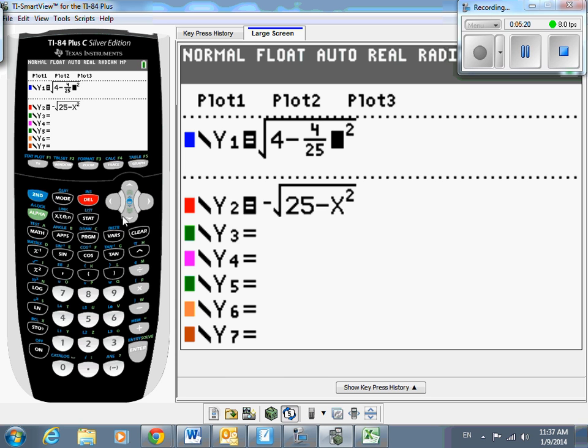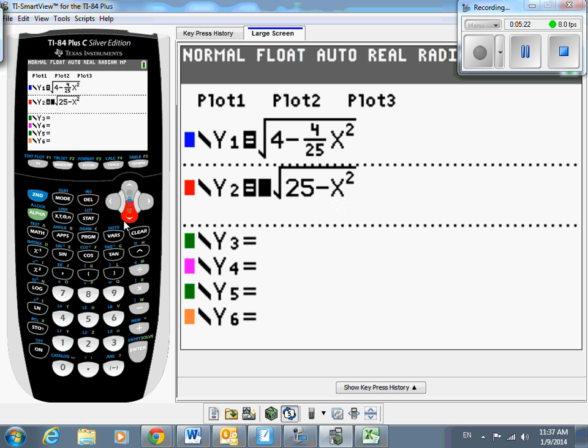You do alpha y equal, then press 1, and it brings your fancy ratio. You can still use parentheses. It will not change the answer.